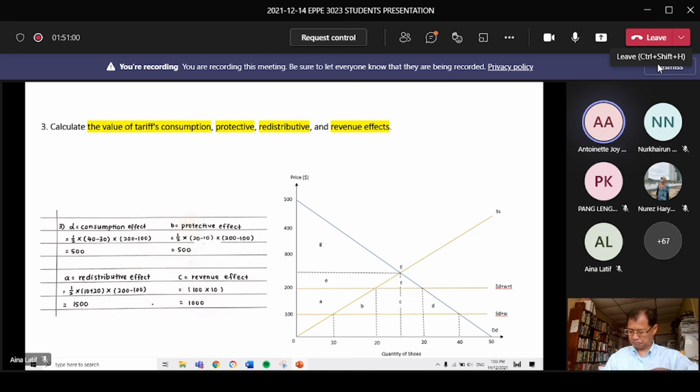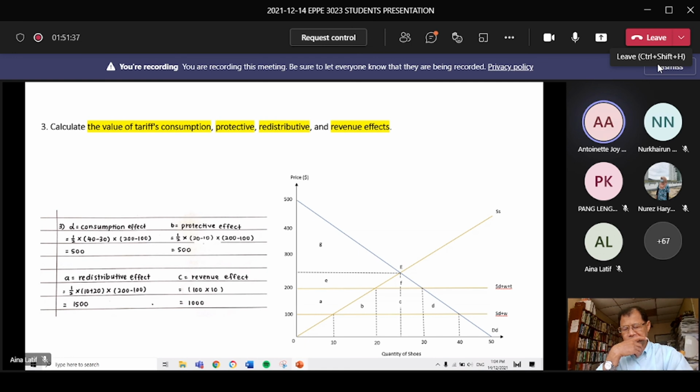We can also say that producers in the importing country are better off because of the tariff. Then for the revenue effect, this is the tariff effect on the importing country's government. And from this problem, we have a revenue effect of 1,000. So for this, we can say that the government receives tariff revenue as a result of the tariff, and it's up to the government to distribute that revenue to whoever it wants to fund.